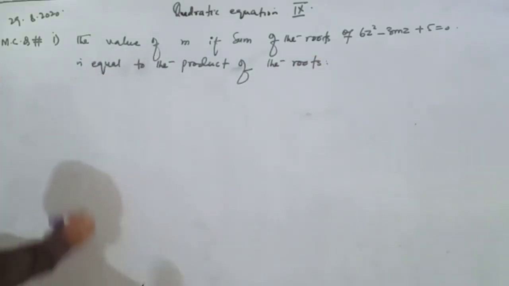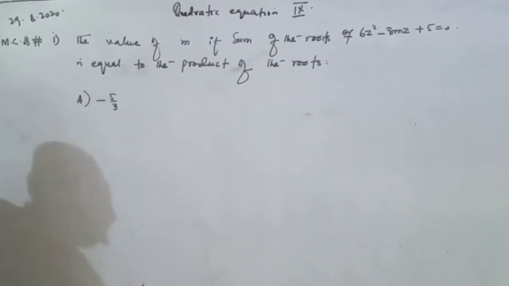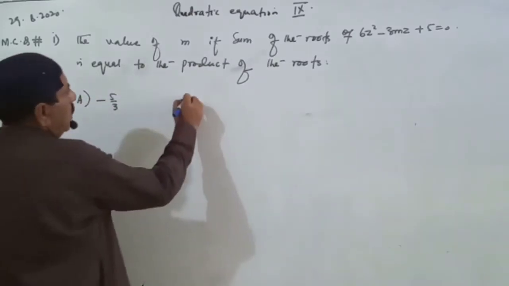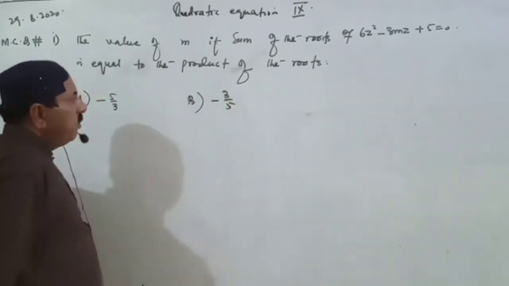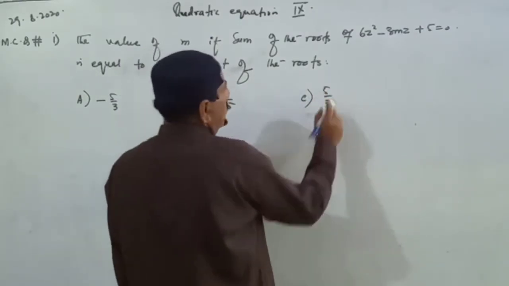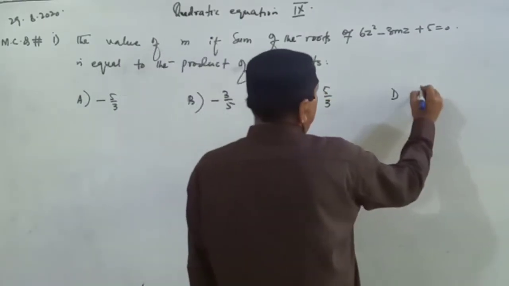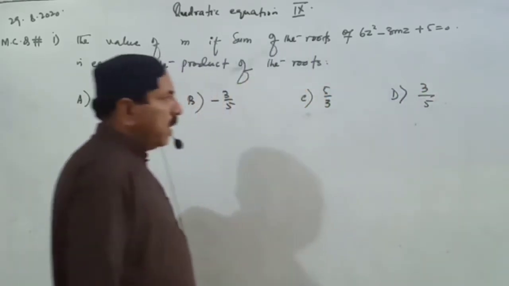So here A is the option, this is minus 5 upon 3. B is the option, this is minus 3 upon 5. C is the option, 5 upon 3. D option, 3 upon 5. So which one is the correct?